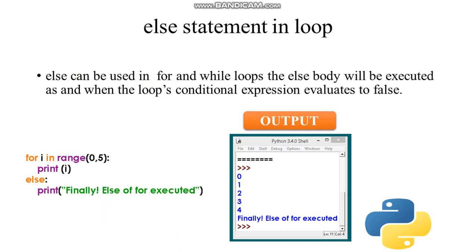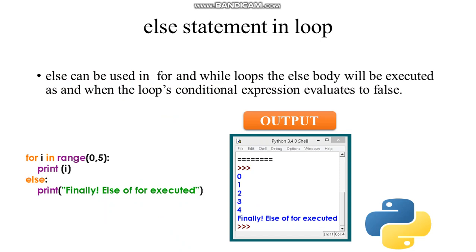Next is the else statement in loops. Else can be used in for loops and while loops. The else body will be executed as and when the loop condition expression evaluates to false. So in Python you can also write else in a for loop. For example, for i in range(0, 5): print i.